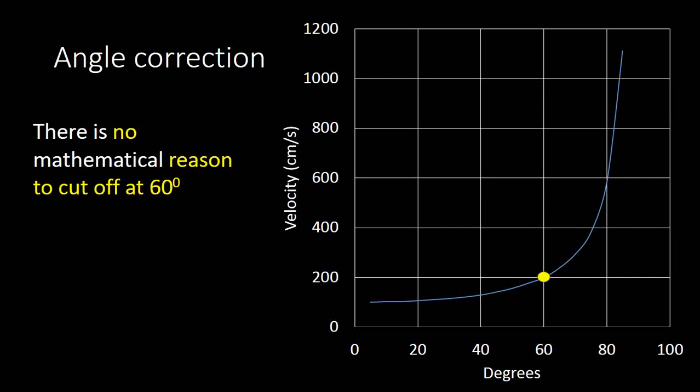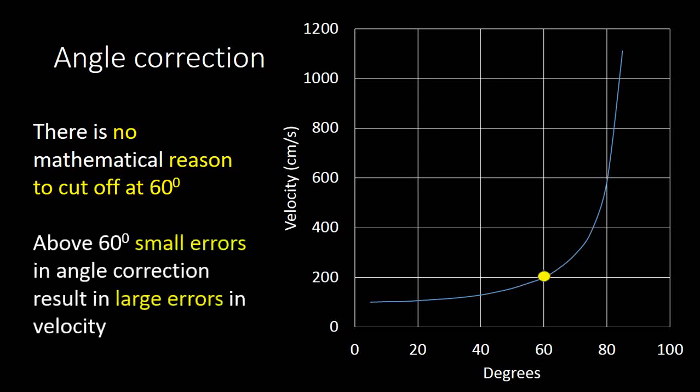There's not really a good mathematical reason why we tell people to not obtain measurements above 60 degrees. The main reason that we tell people to stay below 60 degrees is that small errors in angle correction result in large errors in velocity.